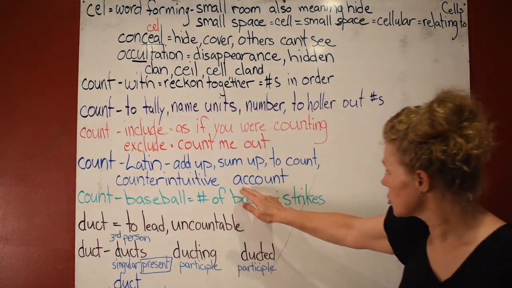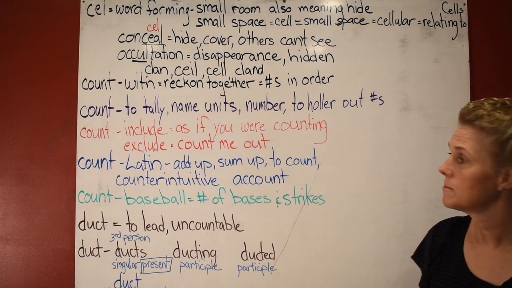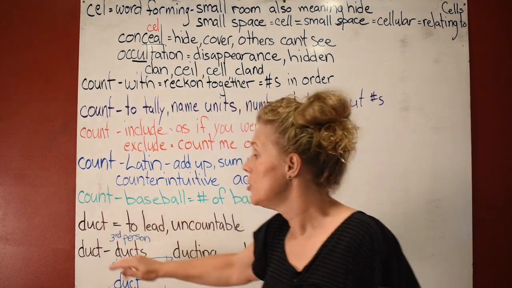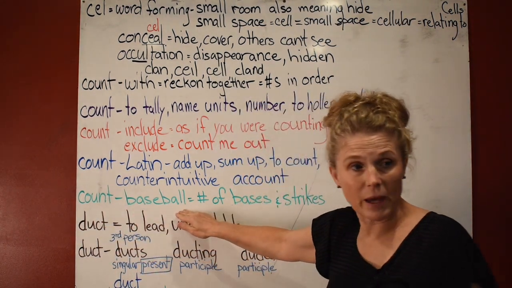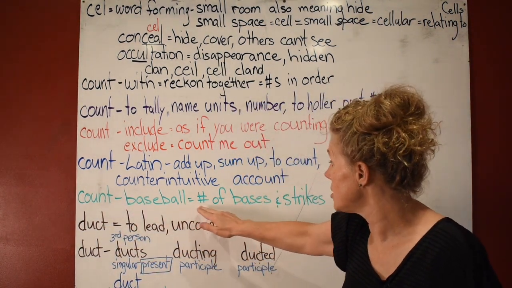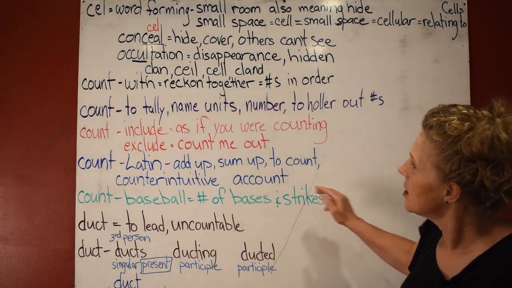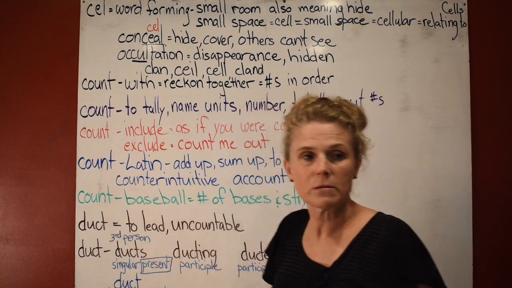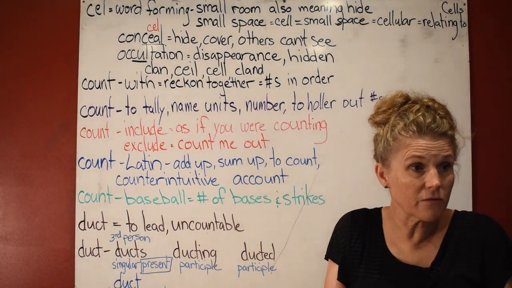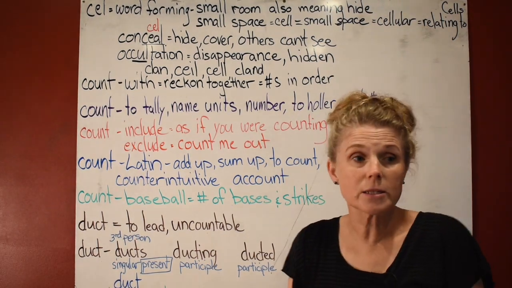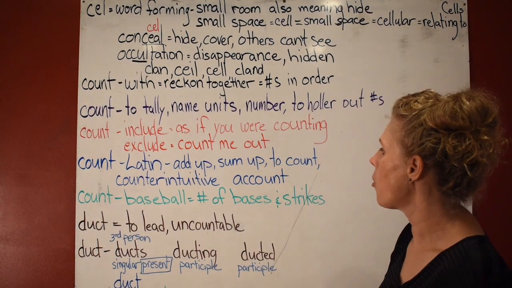Account. Here's your prefix. Here's the root. Okay? Now, count right here, it falls into the baseball section, which is the number of bases and strikes, which I think is kind of interesting. Look how many different ways you can use that. Which can be kind of confusing, don't you guys think? Well, I thought count was a Latin root. Yeah, it's lots of different things. So you just need to know what it does.